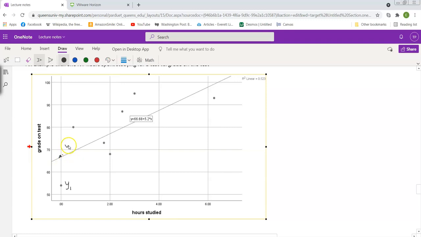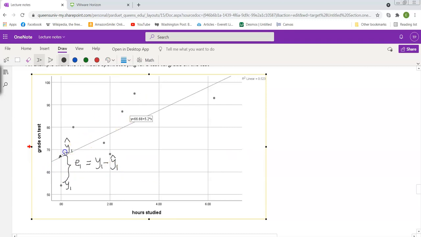This is your y1 hat. The distance there is our residual. In this case it's negative because it's always yi minus y hat i, so y1 minus y hat 1.